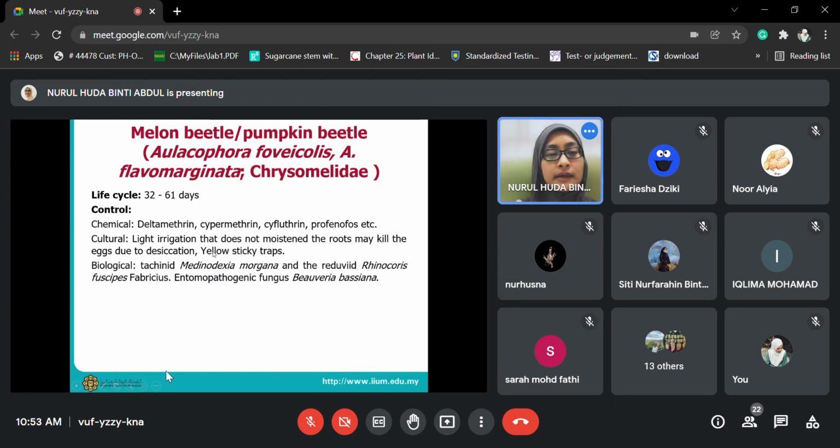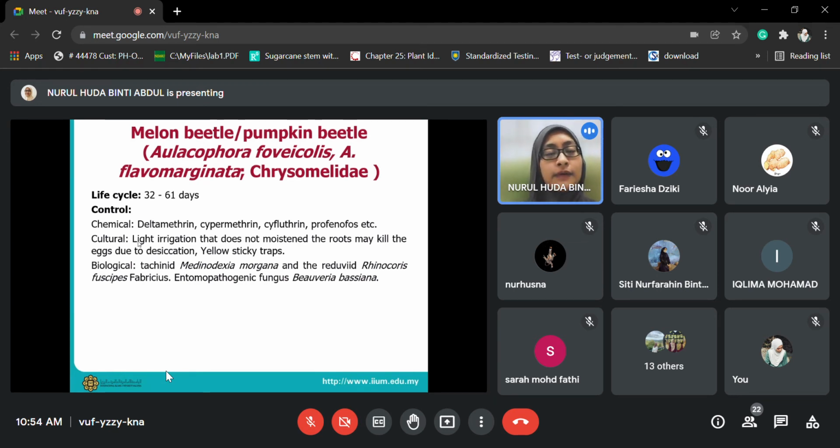Since the eggs are laid on the soil and the larvae may develop in soil, and also the pupae may face the desiccation problem. Maksudnya dia mungkin akan kekeringan bila kita jalankan light irrigation, kurangkan jumlah air yang kita siram dekat pokok.